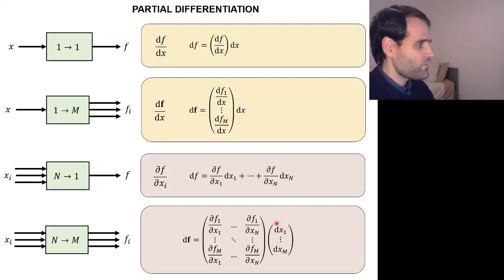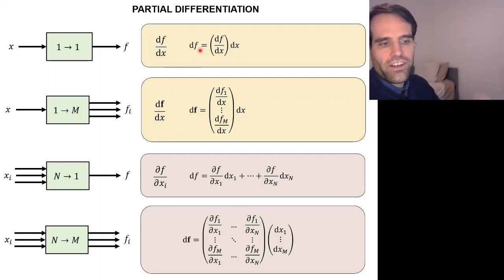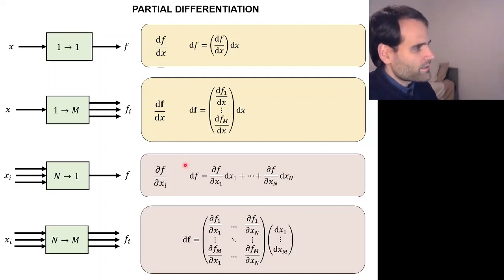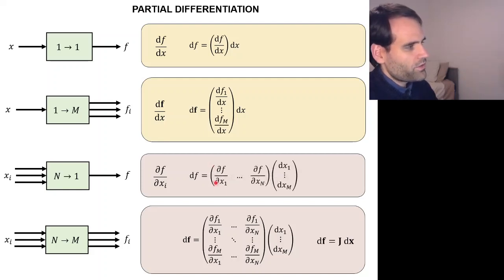Yeah. But now note, this is the most general case, meaning that each of the previous cases was a particular case of the general case. For instance, take this second case here. We can actually write this sum of terms as a product between this matrix, which has one single row but n columns, times the vector dx.